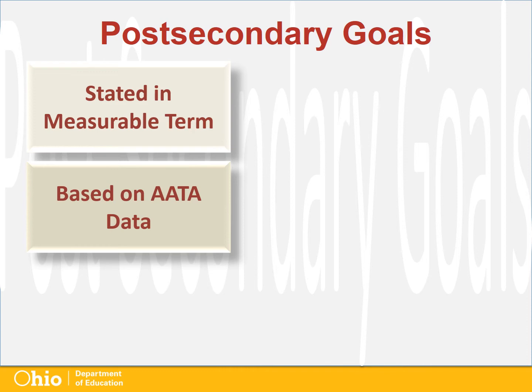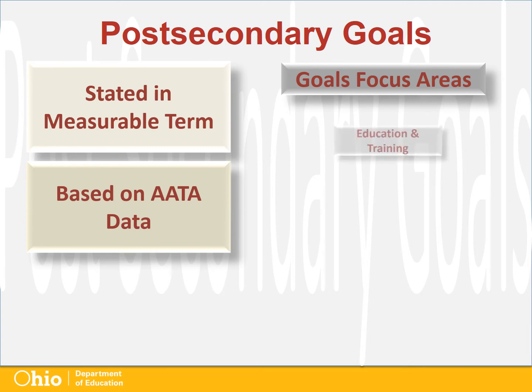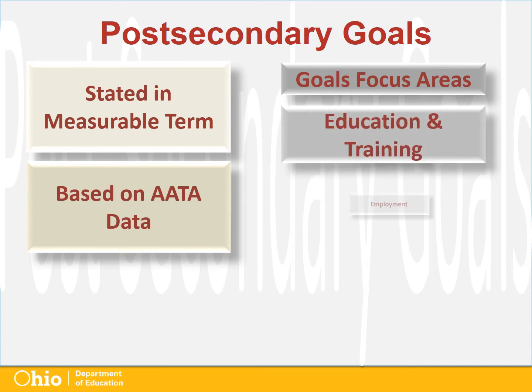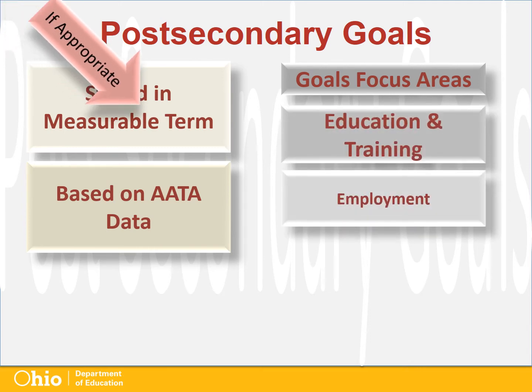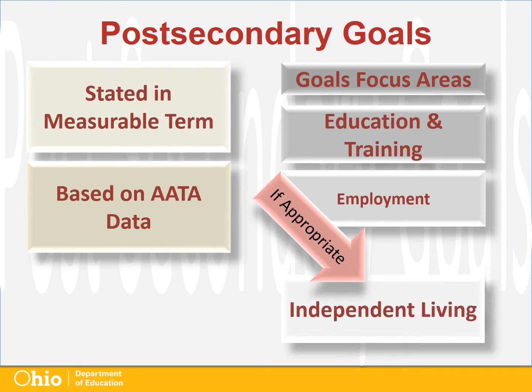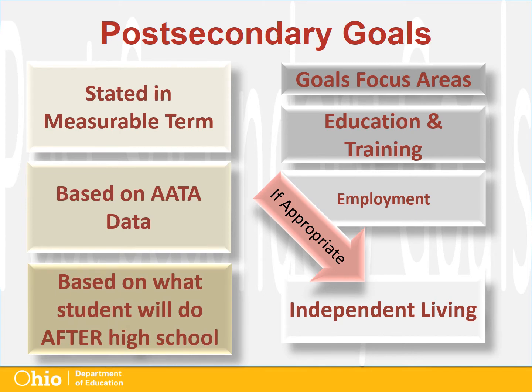Upon the collection of the AATA data, the IEP team develops the student's post-secondary goals. These goals should focus on the areas of education and training, employment, and, if appropriate, independent living. These goals must be based on what the student will do after graduation from high school.